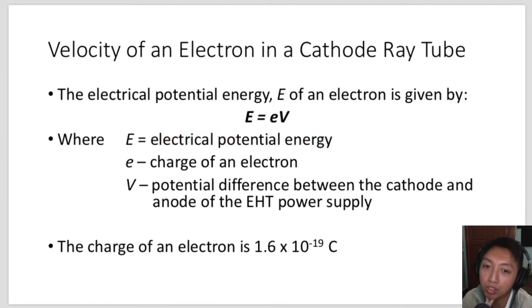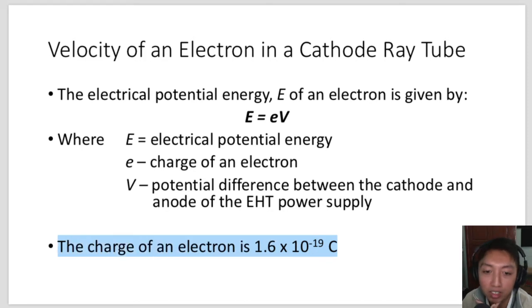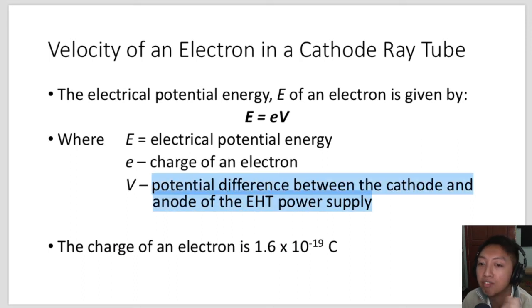So what is the total electrical potential energy? e is the charge of an electron, which is a number that you're going to have to memorize. So the charge of an electron is 1.6 times 10 to the power of negative 19 coulombs. And V is the potential difference between the cathode and the anode of the EHT power supply. So what's the voltage?